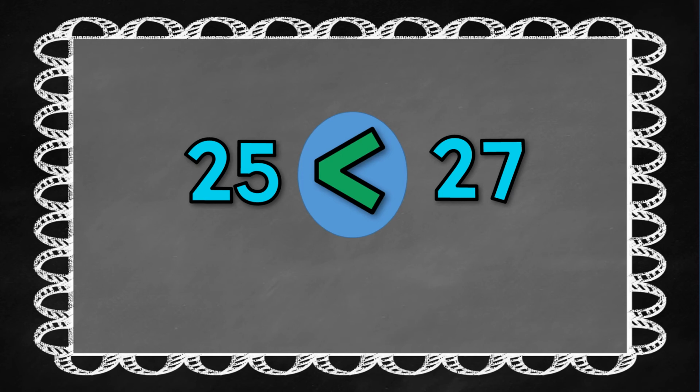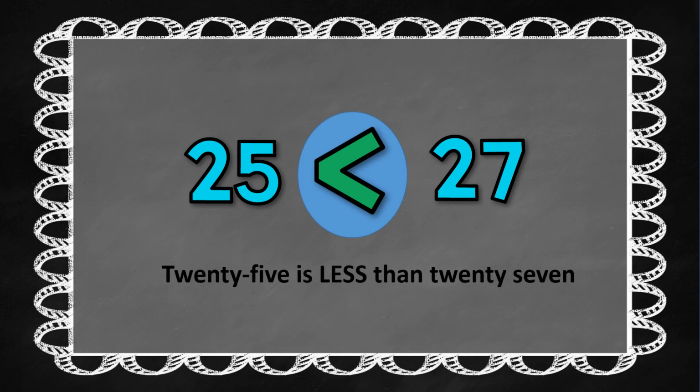We would not say 27 is greater than 25, because that is not the way it's written. We would always start all the way to the left, like we are reading a sentence. We would say 25 is less than 27. And this is how it's written: 25 is less than 27.